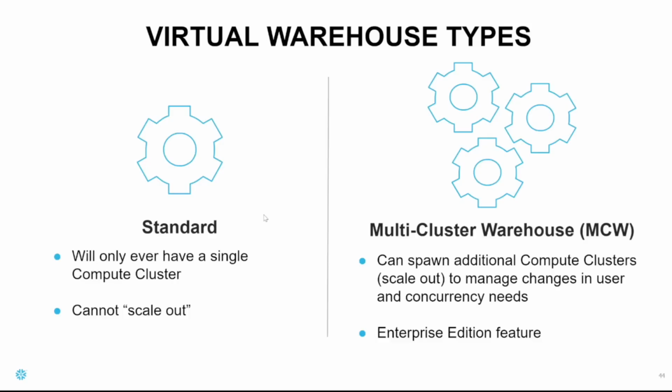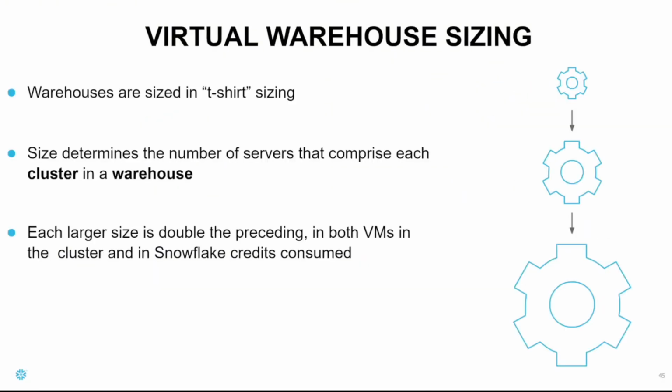The other one is the multi-cluster warehouse, where multiple compute clusters work together, and it is only available from the Enterprise edition onwards. If you want to scale out your warehouses, you can simply add different clusters inside your warehouse to help achieve concurrency in your queries.